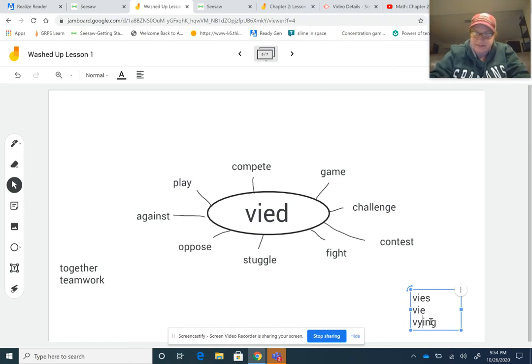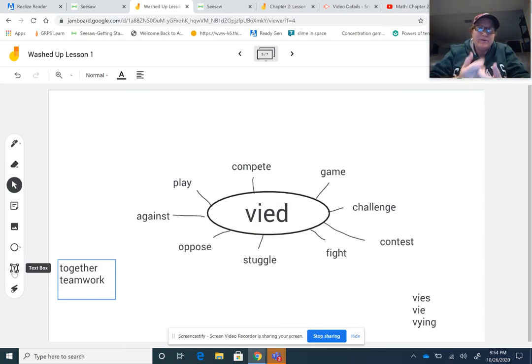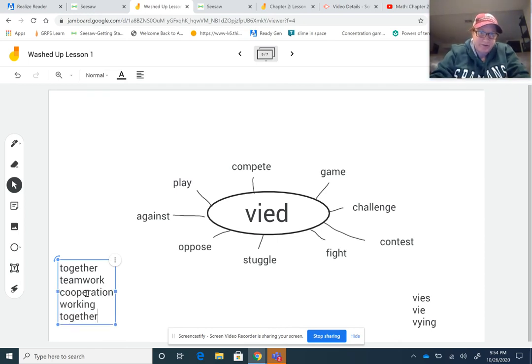V-Y-I-N-G. It's one of those words that changes. Vying. I can put a group of people here, like working together. What's another way of saying teamwork? Cooperation would be another one, like working together. I kind of already said that, but these would be some antonyms.